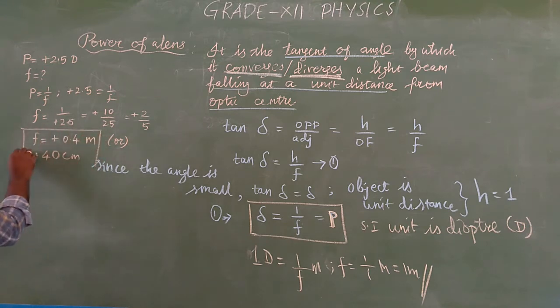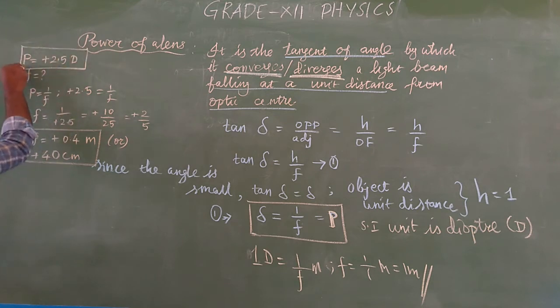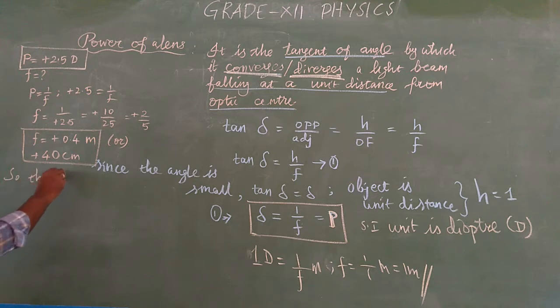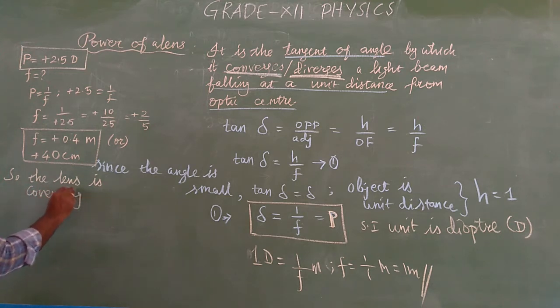So the focal length is plus, which means the light converges at the right hand side. So the lens is converging. Which lens converges the light rays? It's a convex lens.